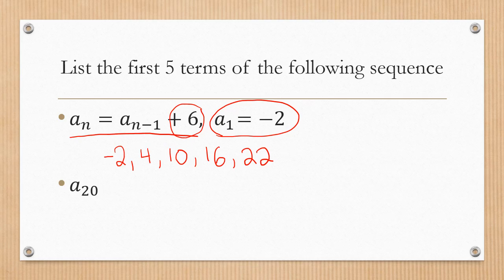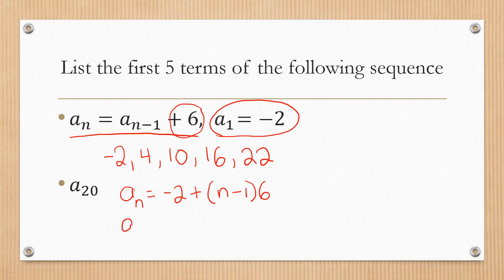I know that the equation of the nth term in the explicit rule can help me get the answer quickly. I know that the explicit rule is a sub n equals the first term, which is in this case negative 2, plus n minus 1 times the common difference, which is in this case 6.